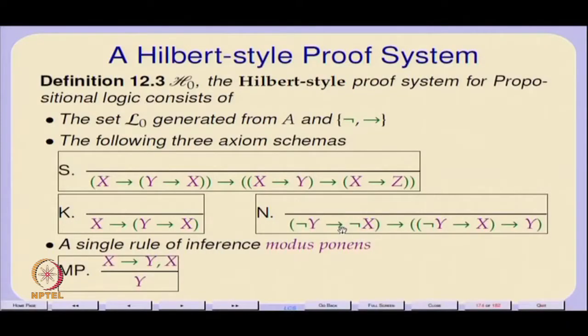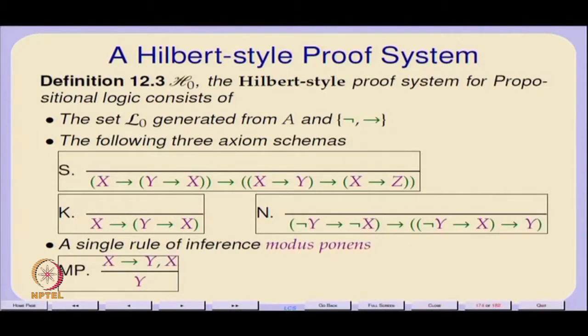So, the first proof system was actually given by Hilbert and Ackermann, and this is a presentation of this Hilbert proof system for propositional logic. The first thing, of course, is that it is minimal in several ways. One is that the language itself is minimal, it has only these two operators, but we know that these two operators are functionally complete. They form a functionally complete set, they are adequate for all of propositional logic.